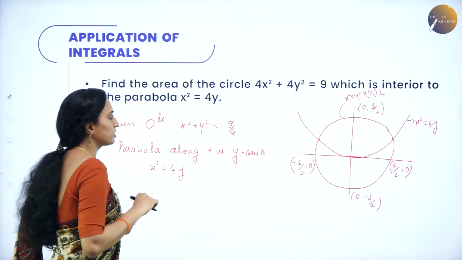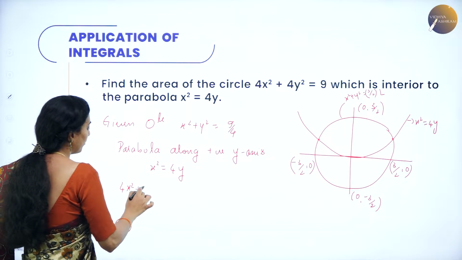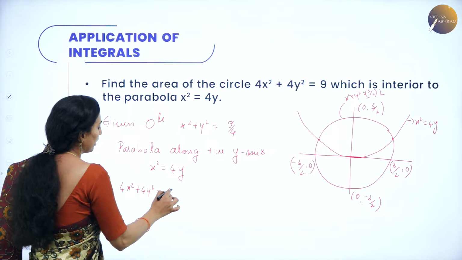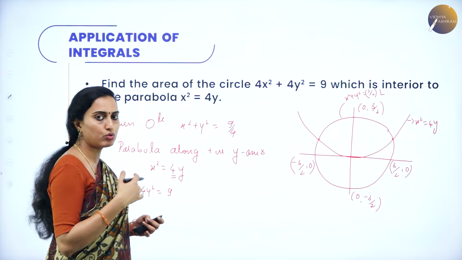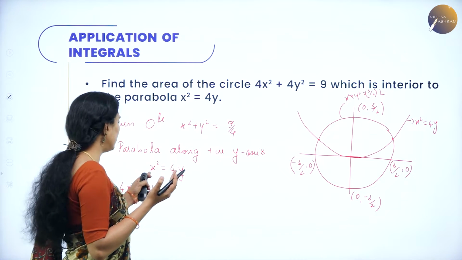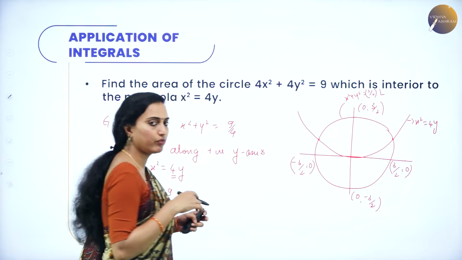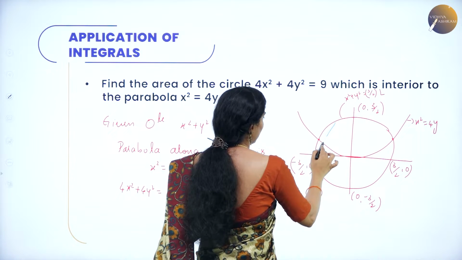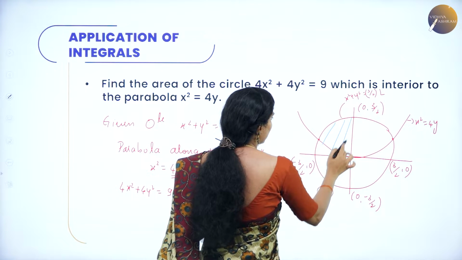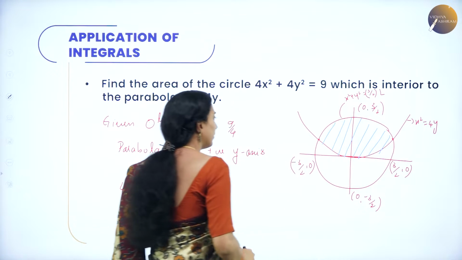Now take the equation 4x squared plus 4y squared is equal to 9, and substitute x squared equal to 4y, so that we get the values of y. Substitute back into the equation and you get the x value, so that we will get the point of intersection. Okay. So this area only you need to find out, the area between the circle and the parabola, that's it.